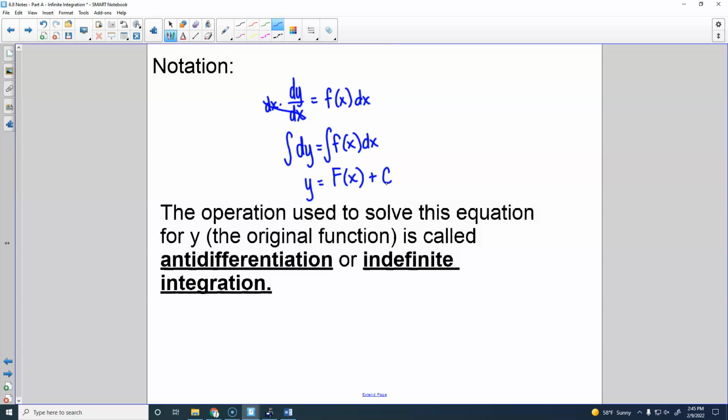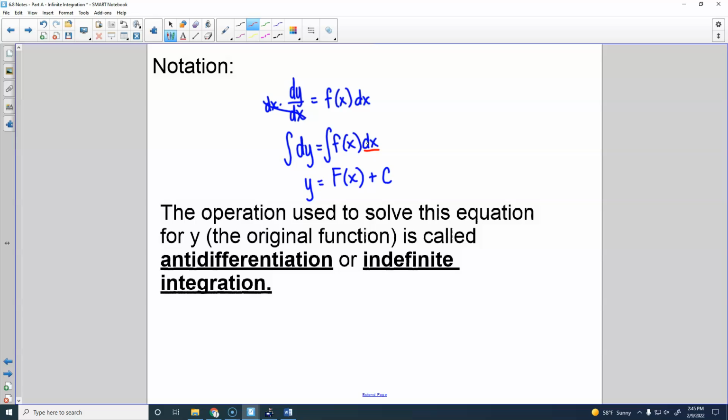So what does this mean? The dx here is telling you the variable that you are integrating with respect to. Like in the calculator, when you type it in, you type in your equation, then you put the comma x, right? So that dx is a lot like having that comma x there, letting us know that's our variable that we're integrating with respect to.